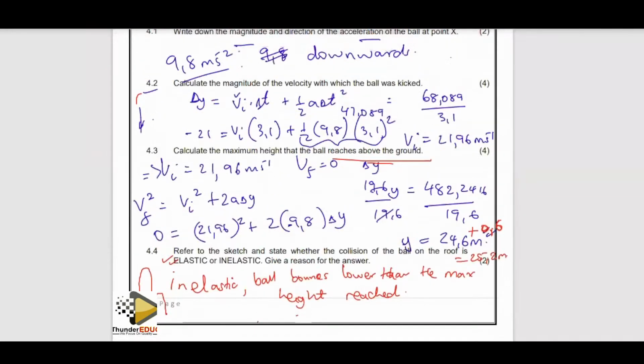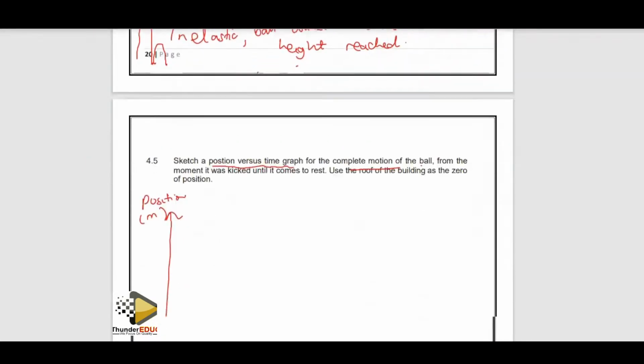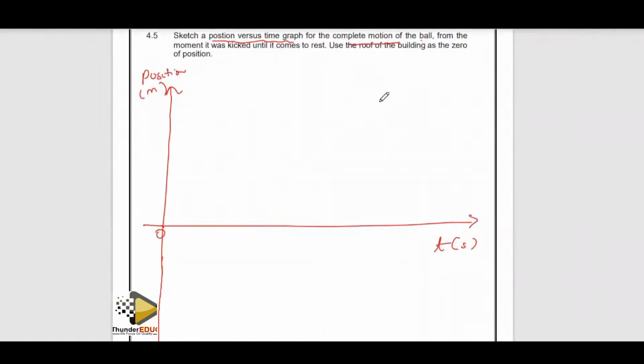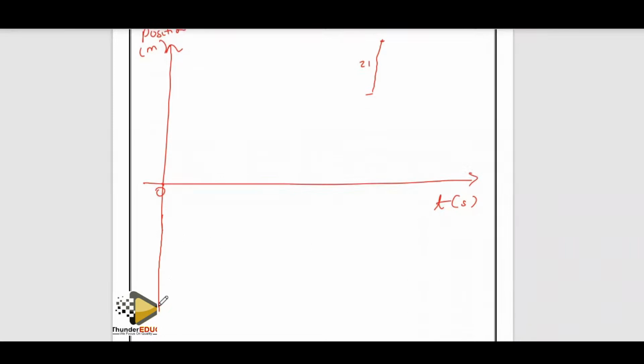And then which other height do we have? 24.6 minus 21, which is 3.6, which means the height of the bounce is 3.6. So in other words, it went up. This is going to be like 21, and then there's an extra 3.6 for it to reach the maximum where the velocity is 0. So I'm going to take this to be my 21 negative.